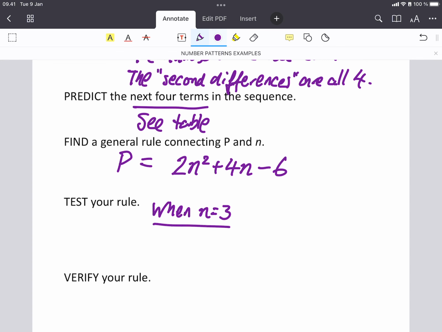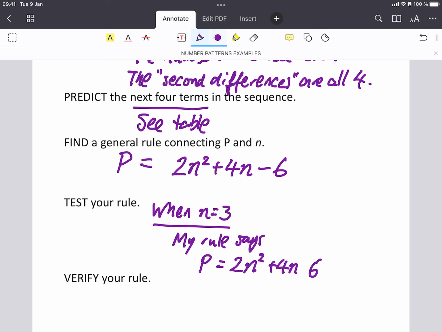When n equals 3, my rule says p equals 2n squared plus 4n minus 6. So that would be 2 times 3 squared plus 4 times 3 minus 6.